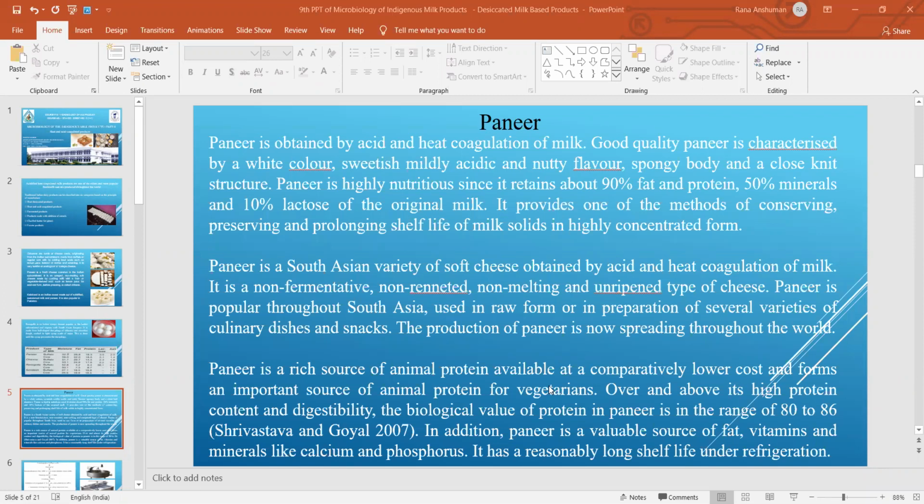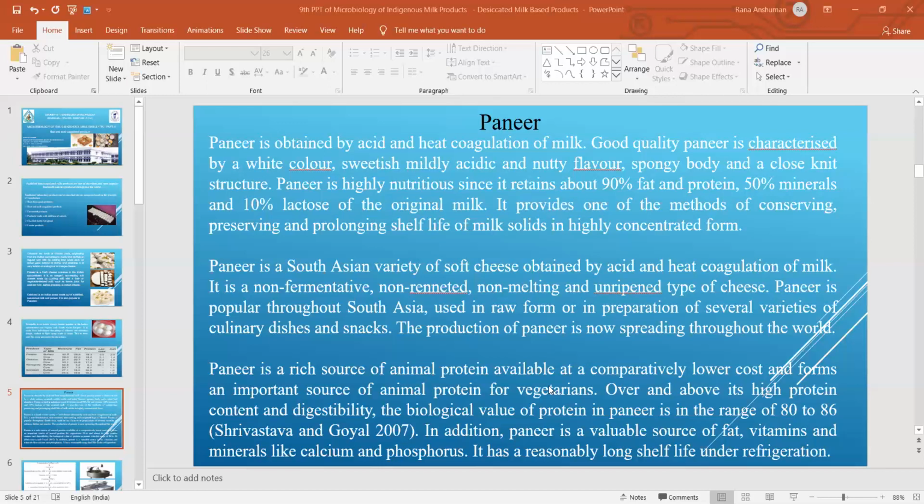It is highly nutritious since it retains about 90% of the fat and protein present in milk, 50% of minerals and 10% lactose present in the original milk. And it provides one of the methods of conserving, preserving, and prolonging the shelf life of milk solids in highly concentrated form.